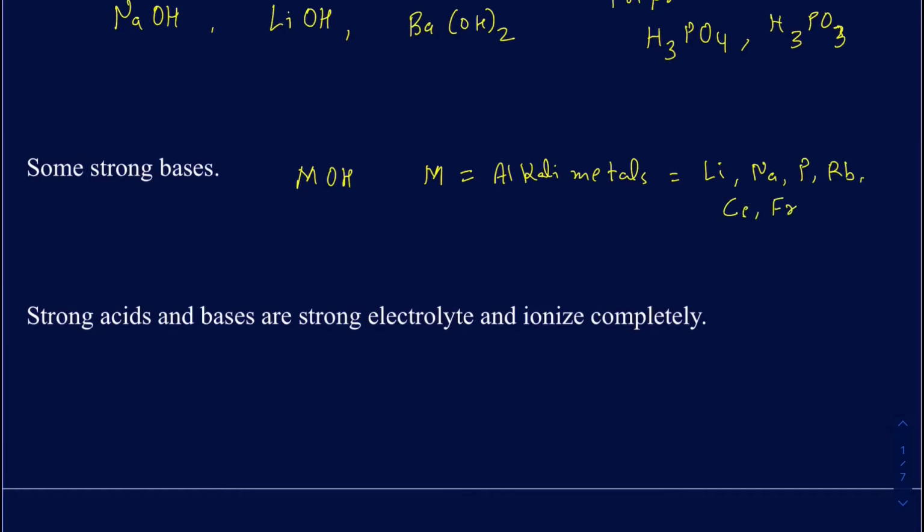So lithium hydroxide, sodium hydroxide, all the way to francium hydroxide, are all considered strong bases. In addition, in the second group, the alkaline earth metals, barium hydroxide is considered to be a strong base as well.